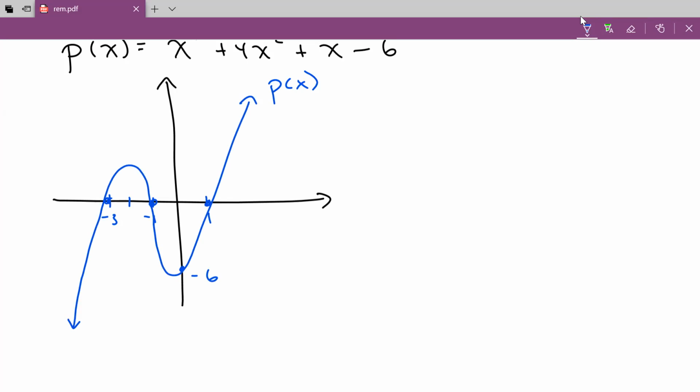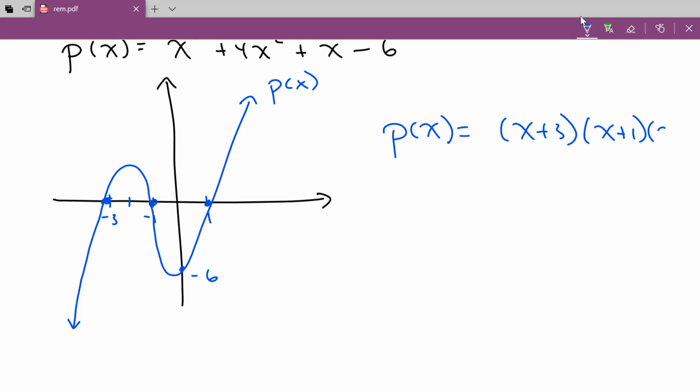Now, just by looking at the x-intercepts, I actually, again, know what the factors are. I have an x-intercept at -3. That's my factor x plus 3. X-intercept of -1, factor x plus 1.